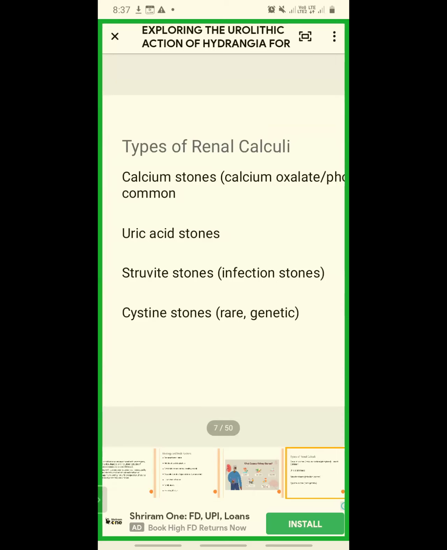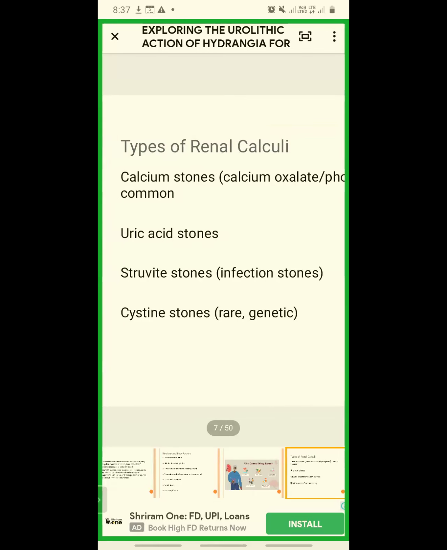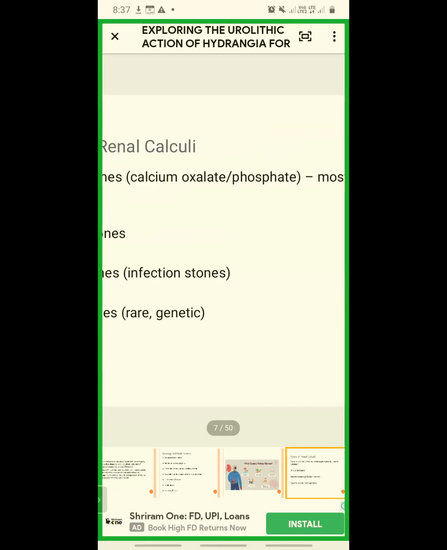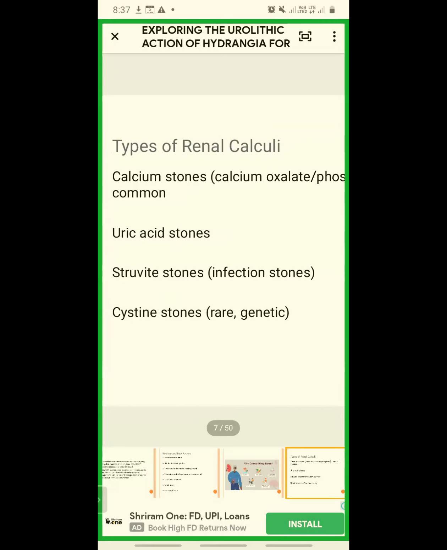When there is an increased amount of uric acid in the body, it leads to uric acid stone. Calcium oxalate and calcium phosphate stones are the most common types. Based on the pathology, the types of stones vary, and our types of treatment also vary.